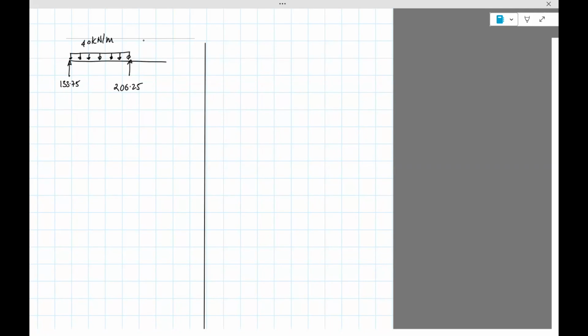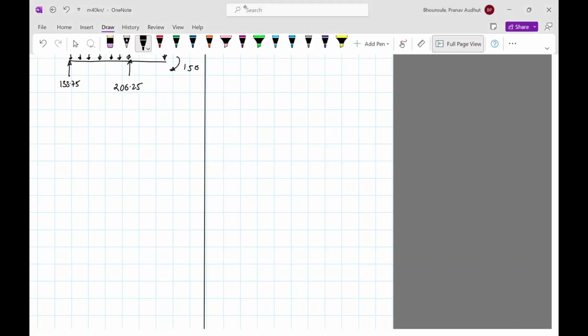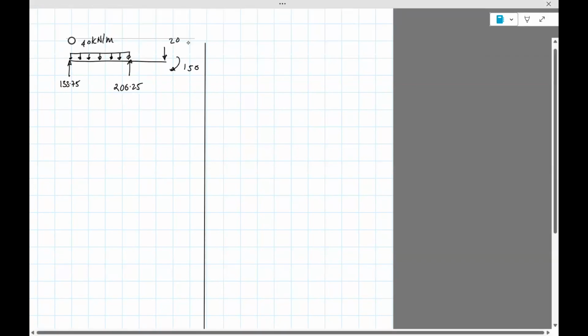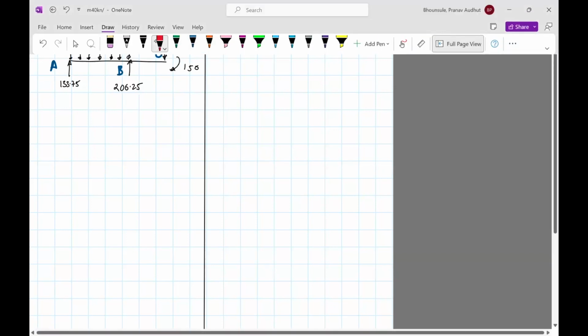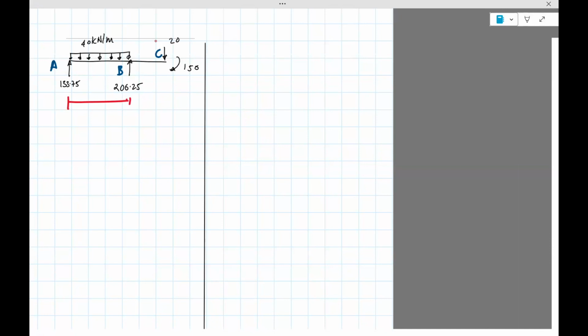And then at C, there is a downward force of 20, and then the moment of 150. These points are A, B, and C. And to remind you, this distance is 8 meters, and this distance is 3 meters.